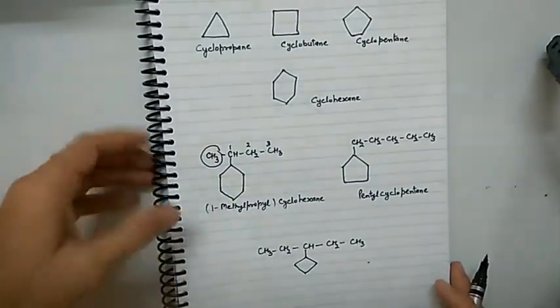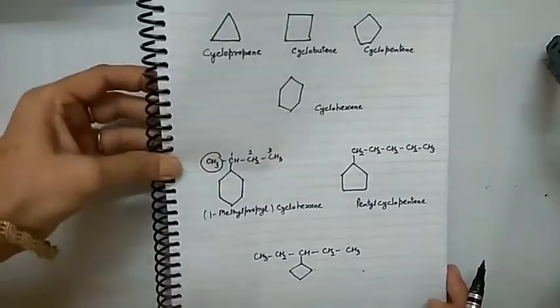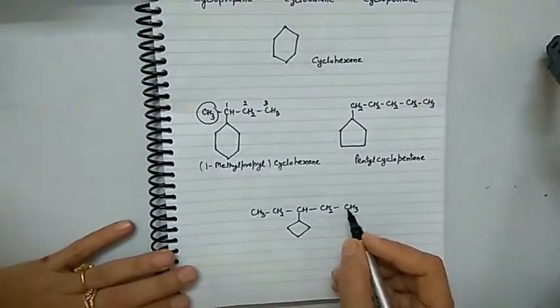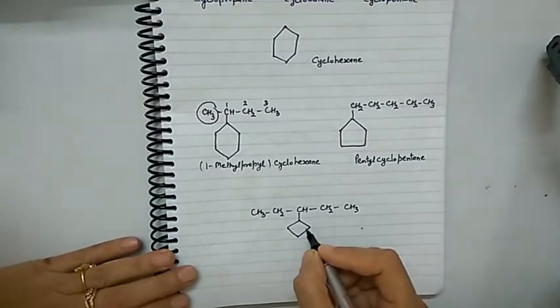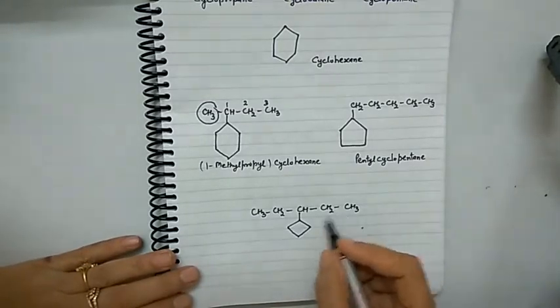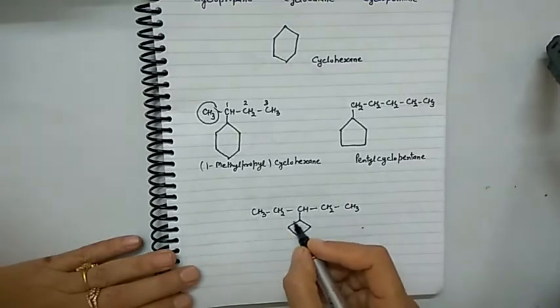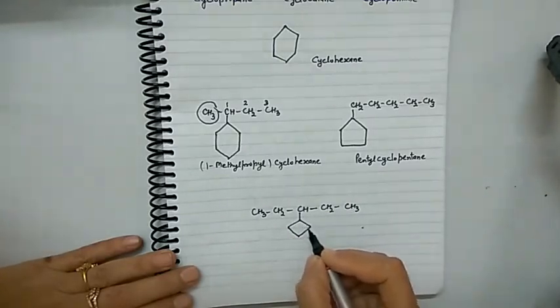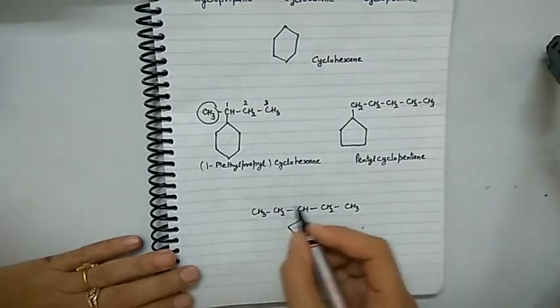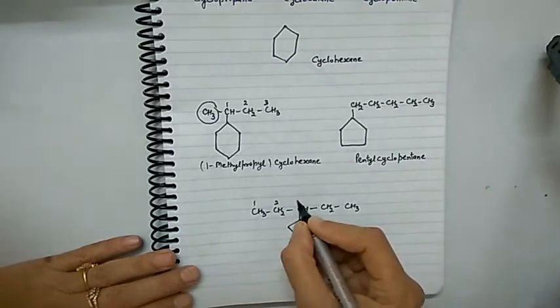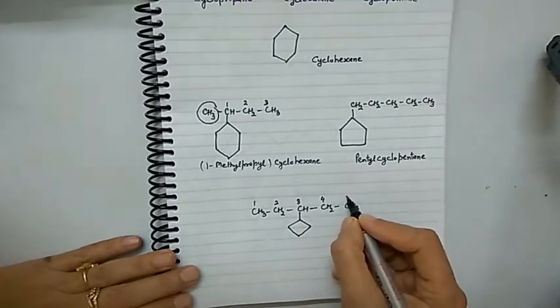Now let us come to the next compound. It has 5 carbon atoms here and this ring is of 4 carbon atoms. So it means this compound is a derivative of the open chain structure. This ring structure is present as a substituent. Now we have to number the chain. So 1, 2, 3, 4, 5.